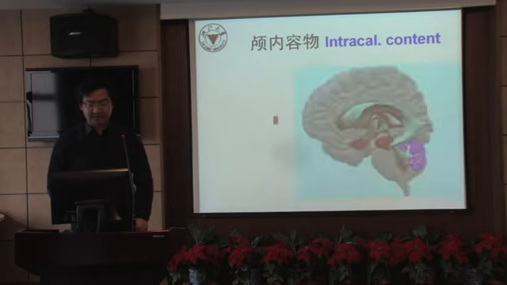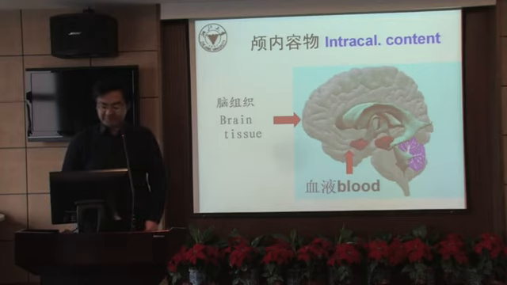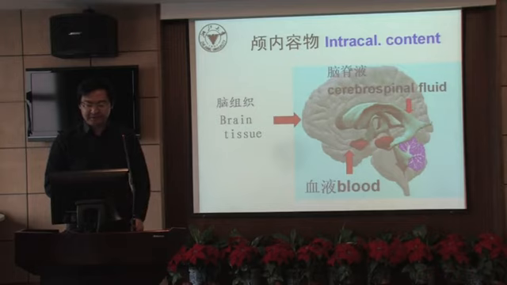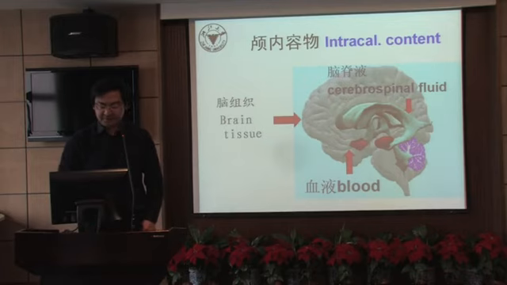Intracranial contents include brain tissue, cerebral blood, and cerebrospinal fluid. These three, brain tissue, cerebrospinal fluid, and blood, are located inside the intracranial cavity.